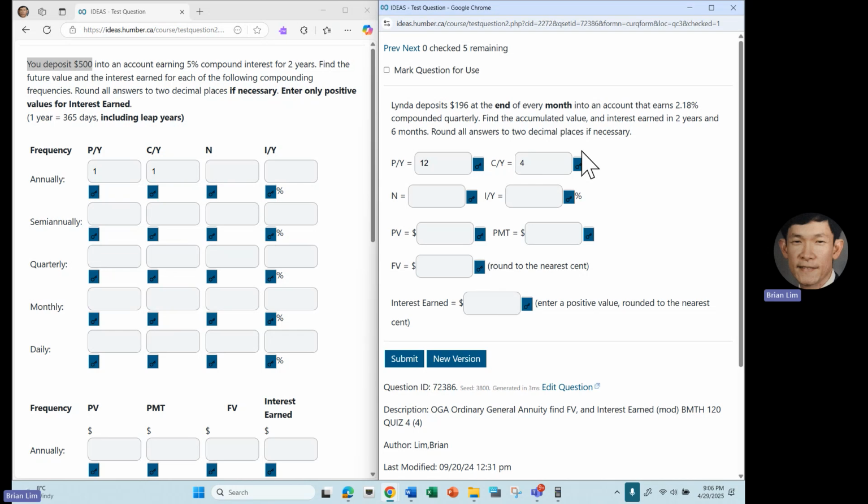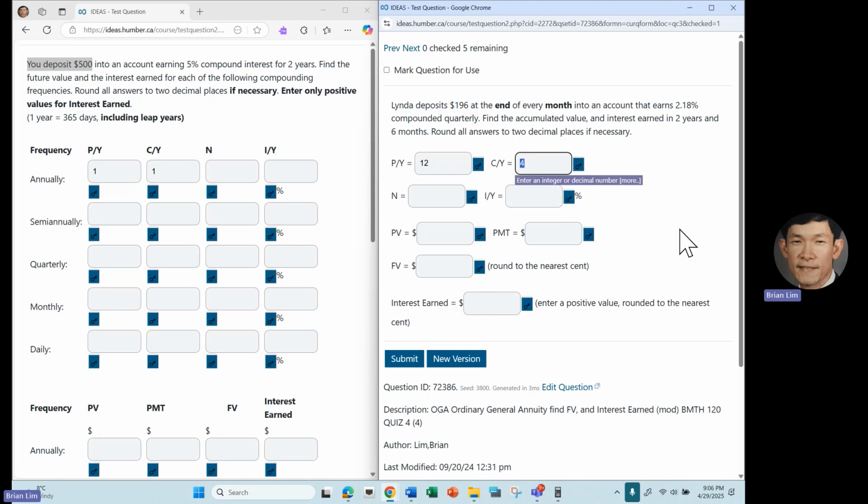Now, this is what you will call an annuity, and it says Linda deposits. Now, these deposits are $196 at the end of every month. So that is why this PY right here is 12. Now, the account earns 2.18% compounded quarterly, and that is why this number is 4.